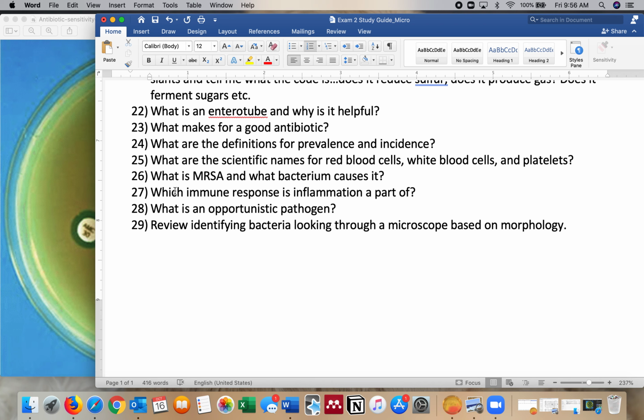What is an opportunistic pathogen? So we kind of talked about this a little bit in class. Opportunistic pathogens are often just a part of our normal microflora. They don't cause any problems. The problems occur when you wipe out some of their competitors, or they're moved to another part of the body. So, for example, we talked about C. diff, right?